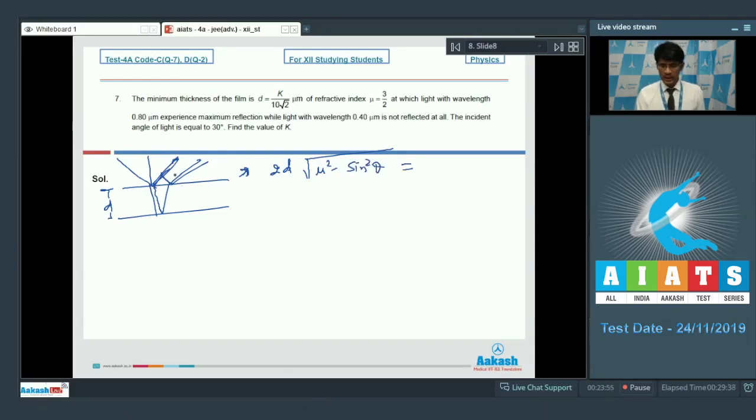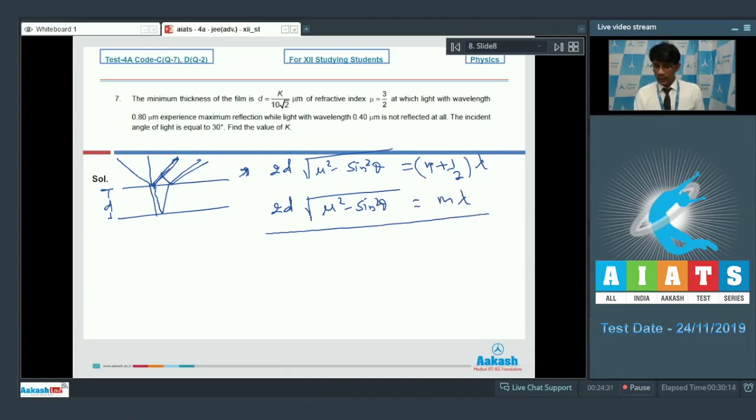So for the constructive interference, taking care of the phase difference that will be appearing here, (n plus 1 by 2) into lambda, this is the condition for constructive interference to happen. And for destructive one, it will be 2d root under mu square minus sine square theta equals m into lambda. Now n and m must be integer values.